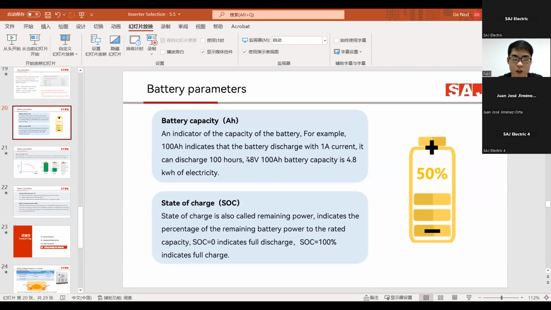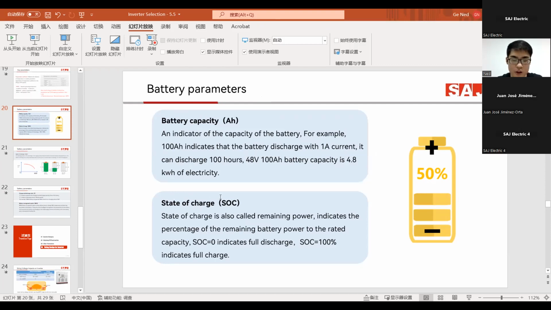And if your battery is rated 100 ampere hour and it also has a rated voltage, if you multiply these two values together, you will get the total capacity of your battery. And you can see here it's about 4.8 kilowatt hours of electricity for this battery.